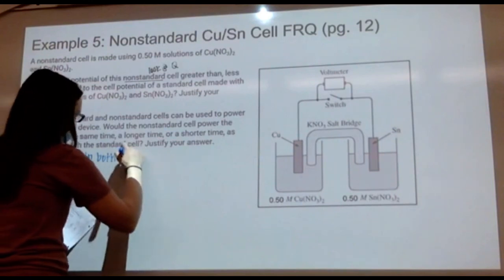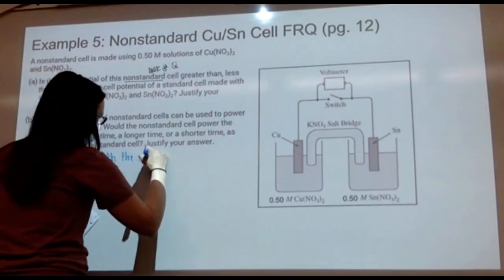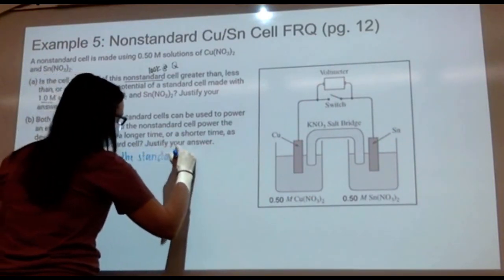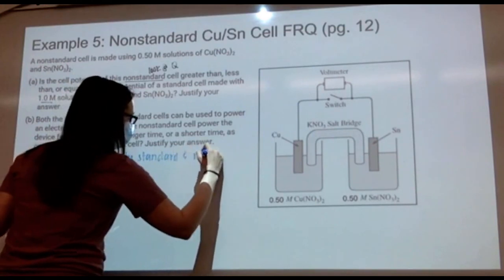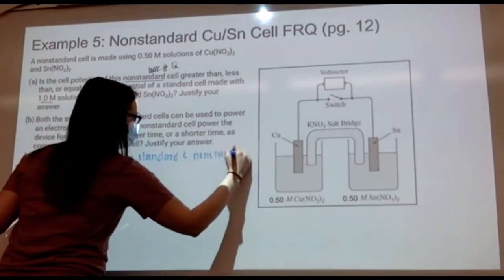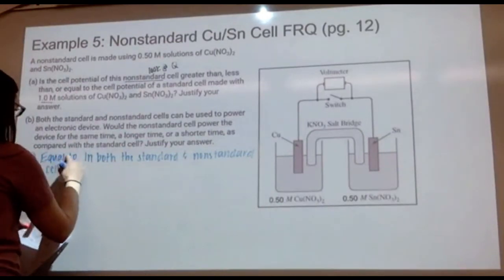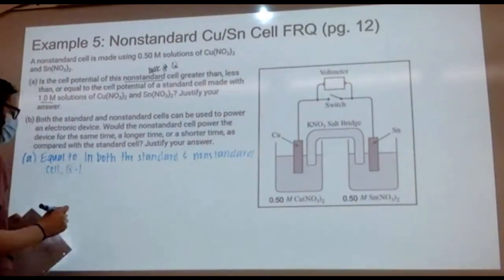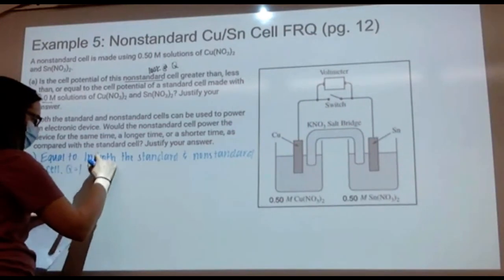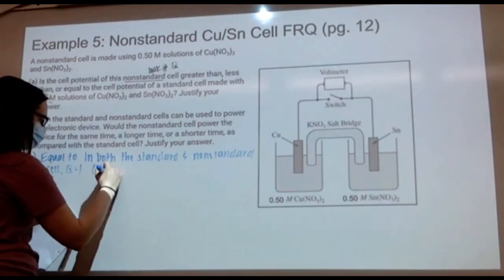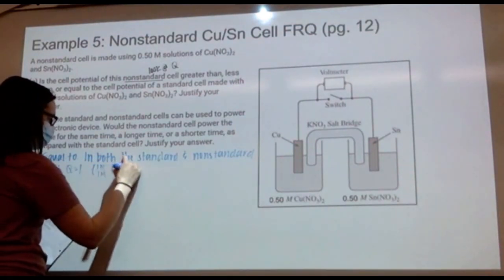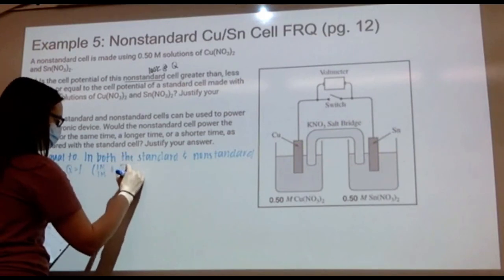I'll say in both the standard and non-standard cell, Q equals 1. I'll do 1 molar over 1 molar and 0.5 molar over 0.5 molar.